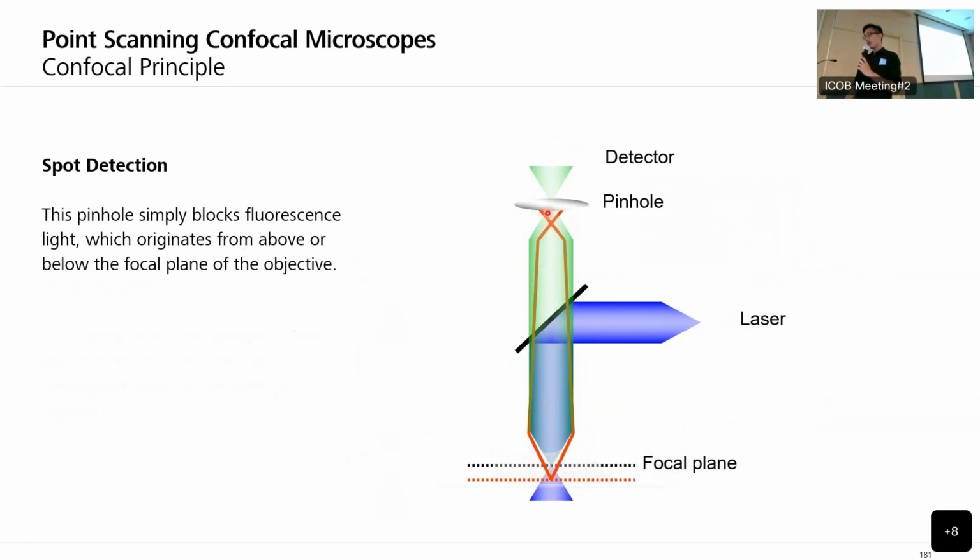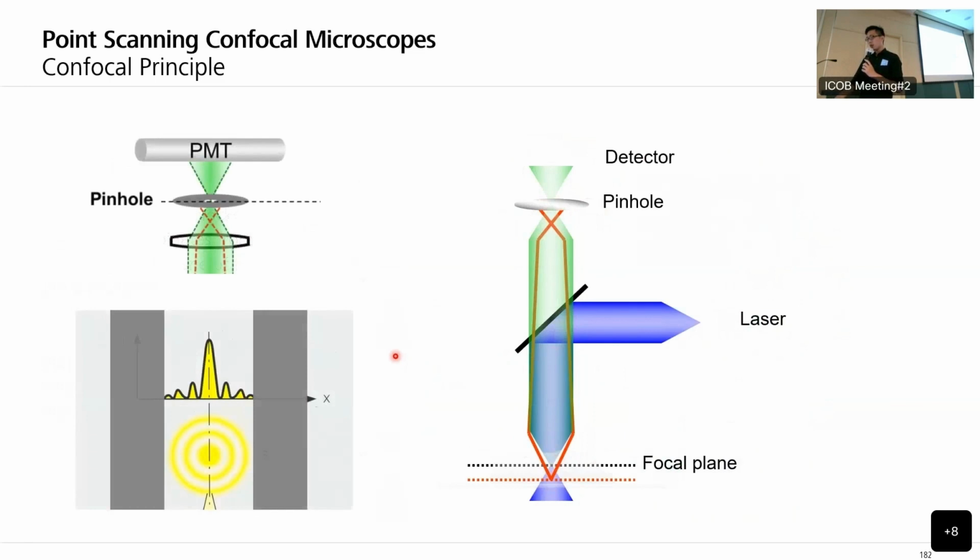It's not converged at the pinhole, so the signal is filtered out by the pinhole and only leaves the in focus signals, the green one, to go through the pinhole. So actually, we impose lots of energy onto our sample, but we only collect a few parts of our emitted energy.